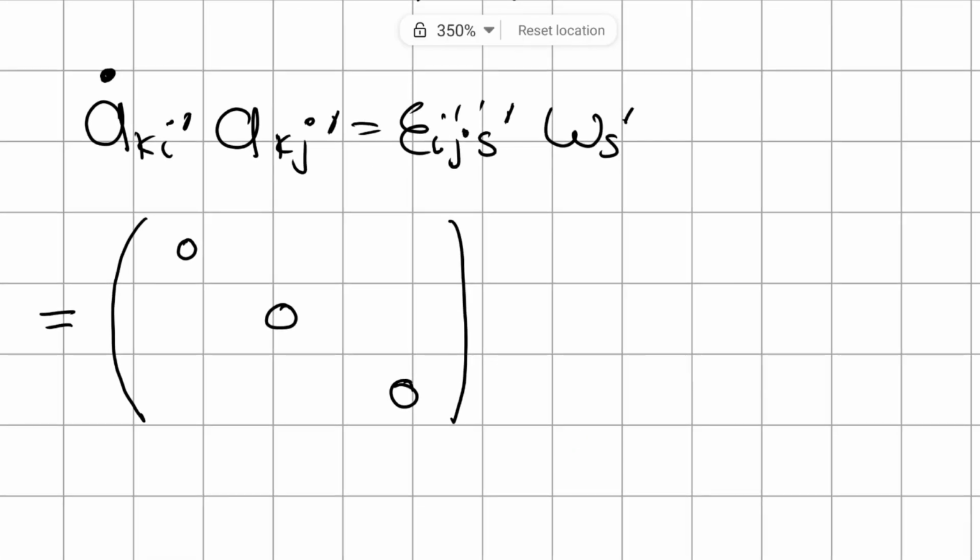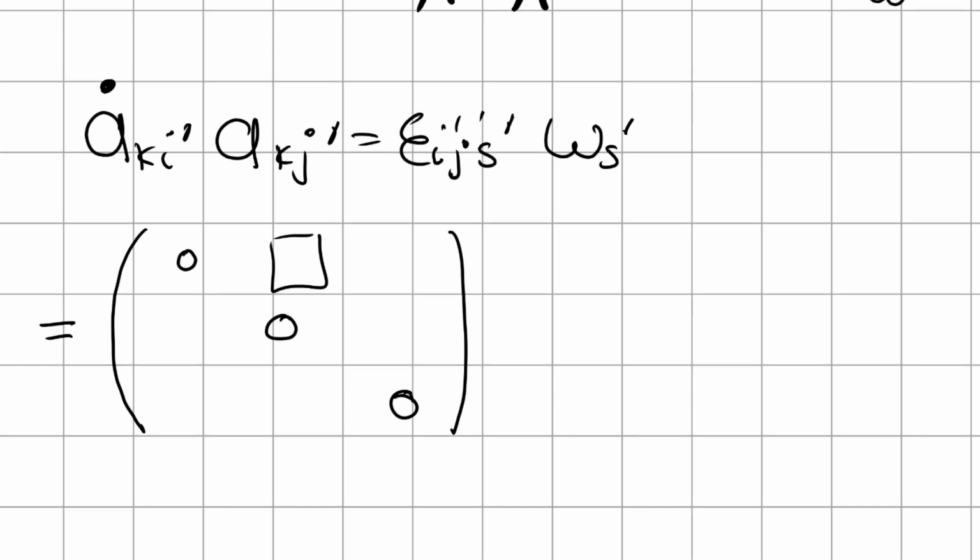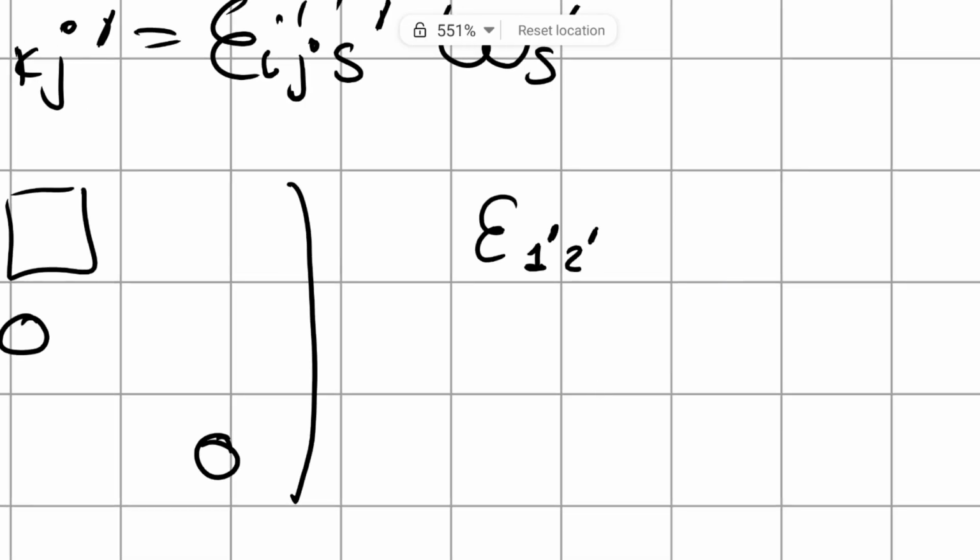So for this element that we have here, what are we going to get? It is the first row and the second column, so we have something like this. What is going to be the next index in the Levi-Civita symbol? Of course, it will have to match with the index of the omega.